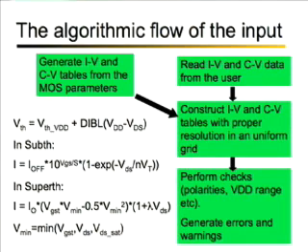Finally, once we have constructed the IV and the CV tables with the proper resolution and in a uniform grid, we perform a bunch of checks. For example, the polarity checks, the VDD ranges that the user has provided as input, and also a bunch of other checks which can generate potential errors and warnings. So this part of the tool is important because we are essentially looking at IV and CV characteristics which can come from experiments and other device simulation tools.